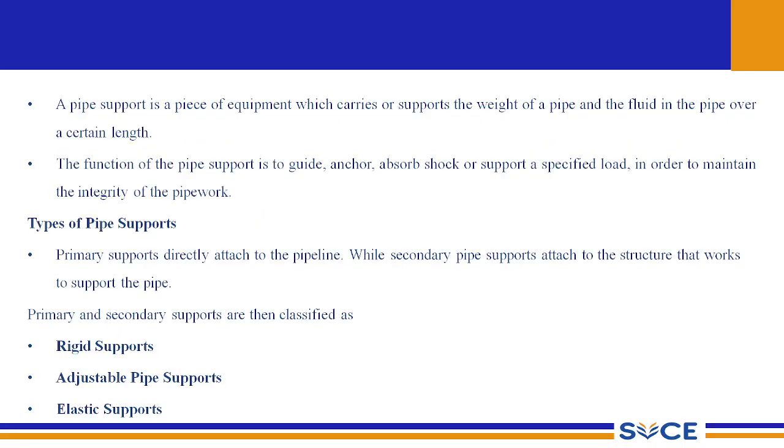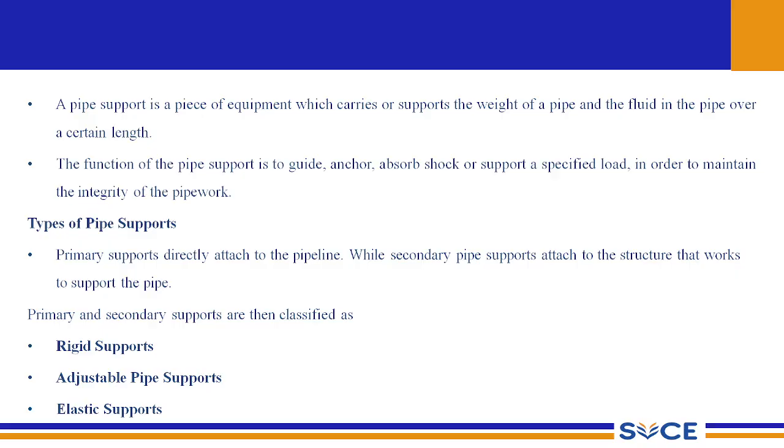So what is a pipe support? That is a piece of equipment which carries or supports the weight of the pipe and the fluid in the pipe over a certain length. So the function of this pipe support will be to guide, anchor, absorb shock or support a specified load in order to maintain the integrity of the pipe work.